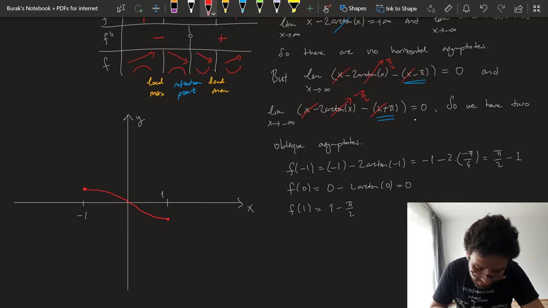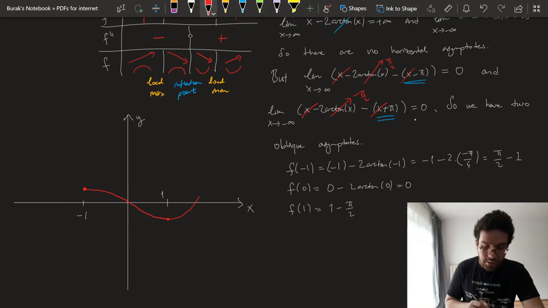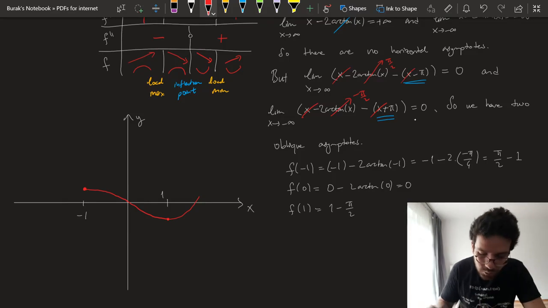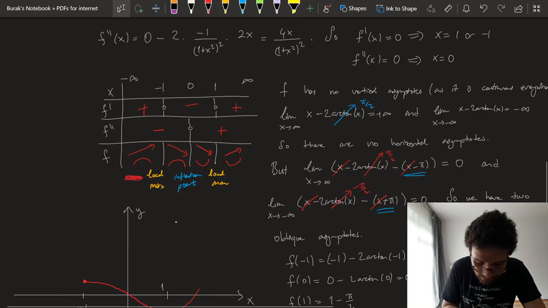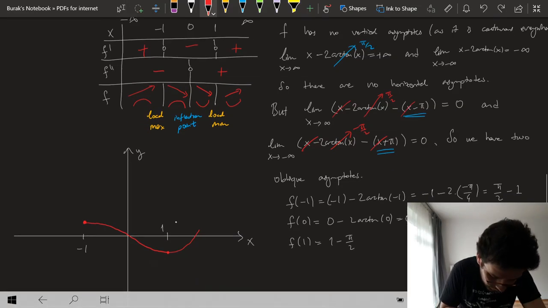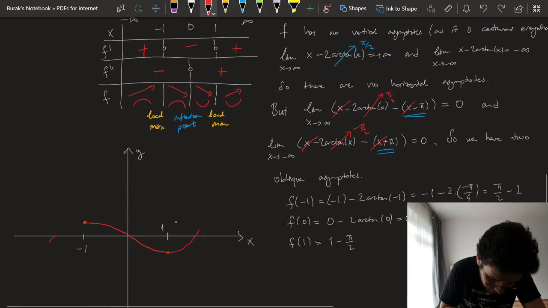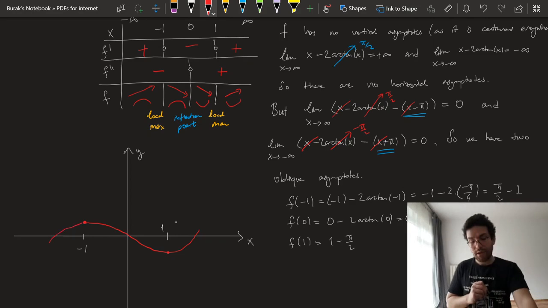And afterwards, it's increasing in a concave up way. On the left of -1, my graph is increasing and it's concave down, so it's going to look like this.